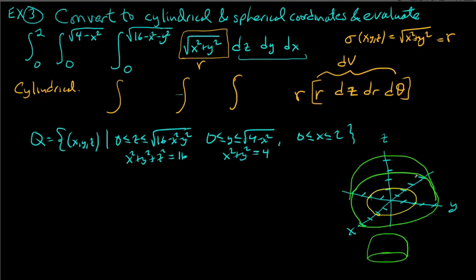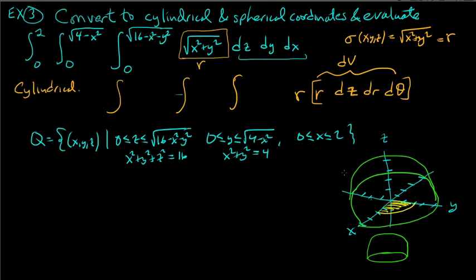So it's only half the disk where y is positive. So that's this disk right here. Okay. And then x is only going from 0 to 2. So now we're down to a quarter of the disk. So this quarter disk right here.